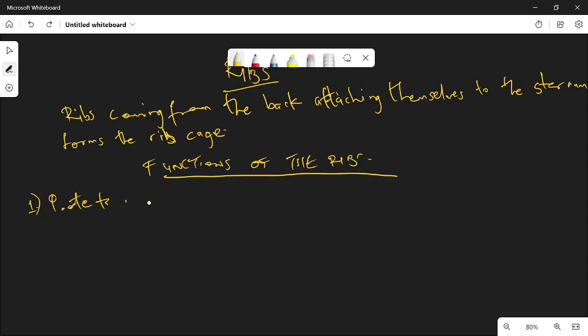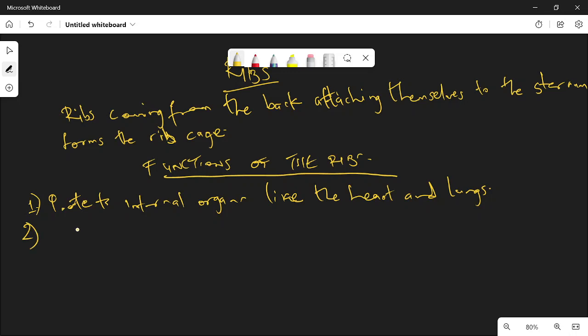Protect internal organs like the heart and lungs.